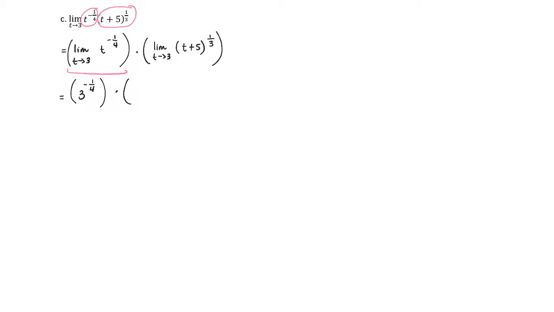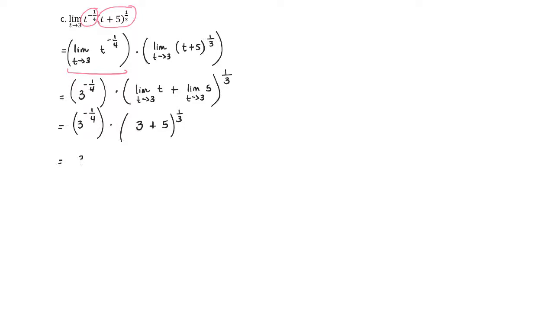We are going to have the limit as t approaches 3 of t plus the limit as t approaches 3 of 5, all of this to the 1/3. So that's going to give us 3 to the negative 1/4. And then we know that this limit right here is just going to be equal to 3, and this limit right here is just going to be equal to 5.